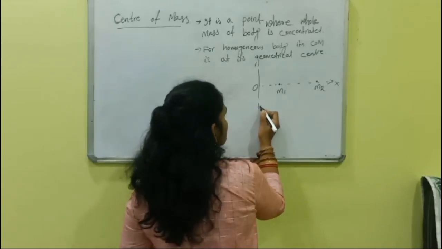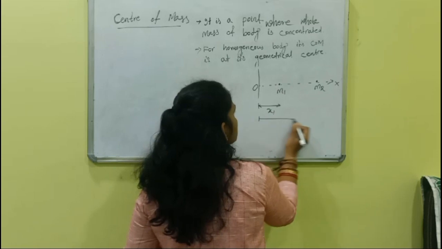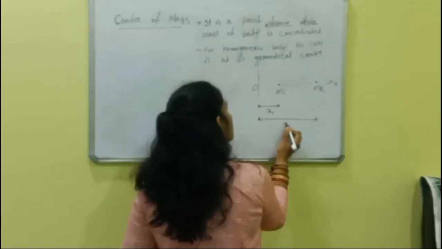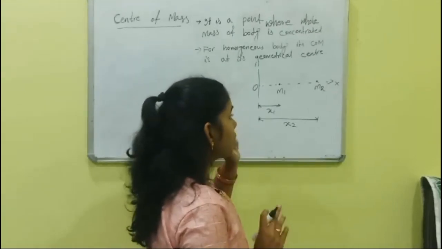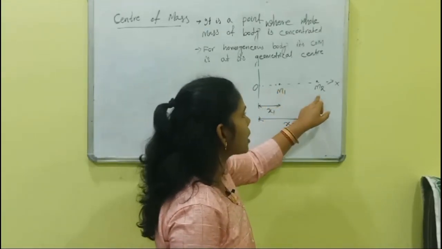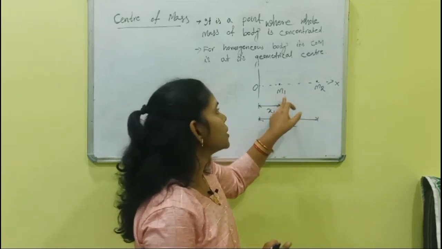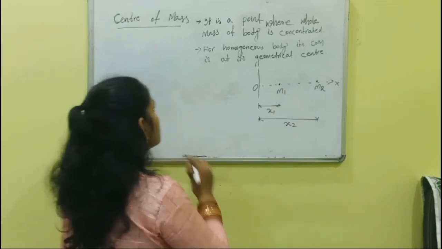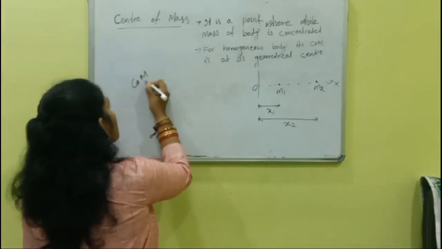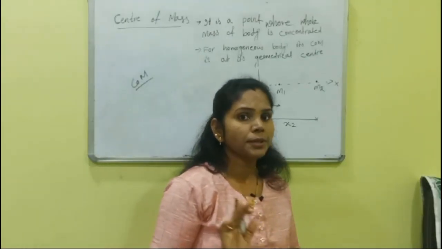Now let's assume that m1 is at distance x1 and m2 is at distance x2 from the origin. Then we have to find out where the center of mass is for these two masses. The center of mass can be calculated by means of the mass weighted mean.